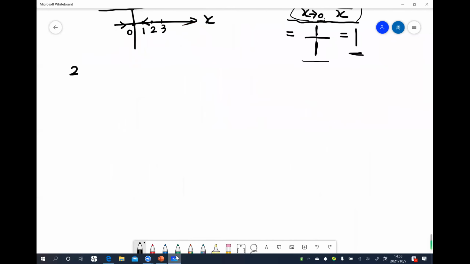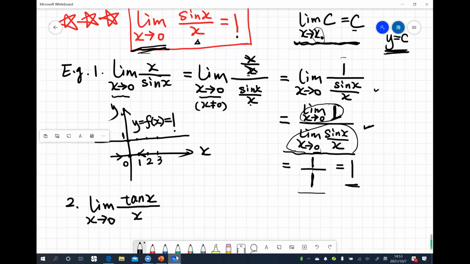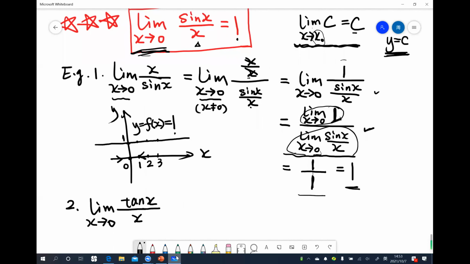Number 2. Calculate the limit of tangent x by x as x approaches 0. So here, when we solve this kind of question, you have to always remember that we want to use the formula, the function sine x by x.